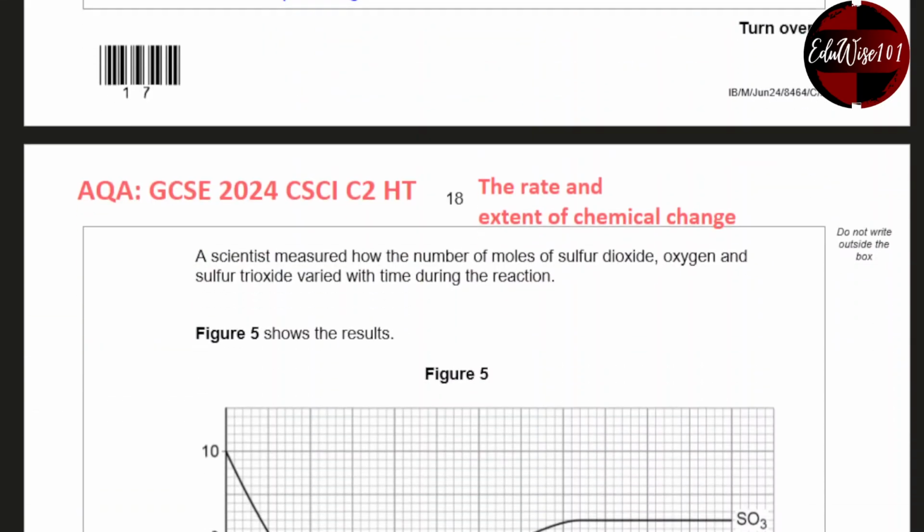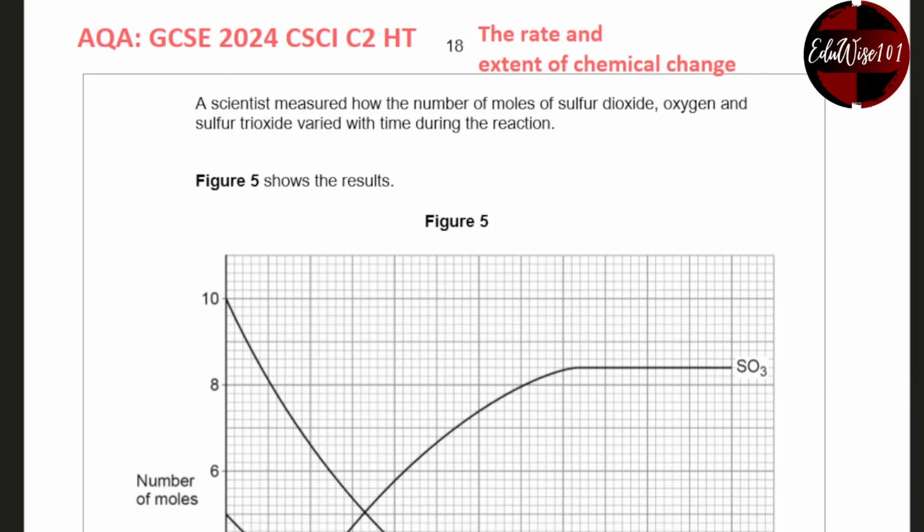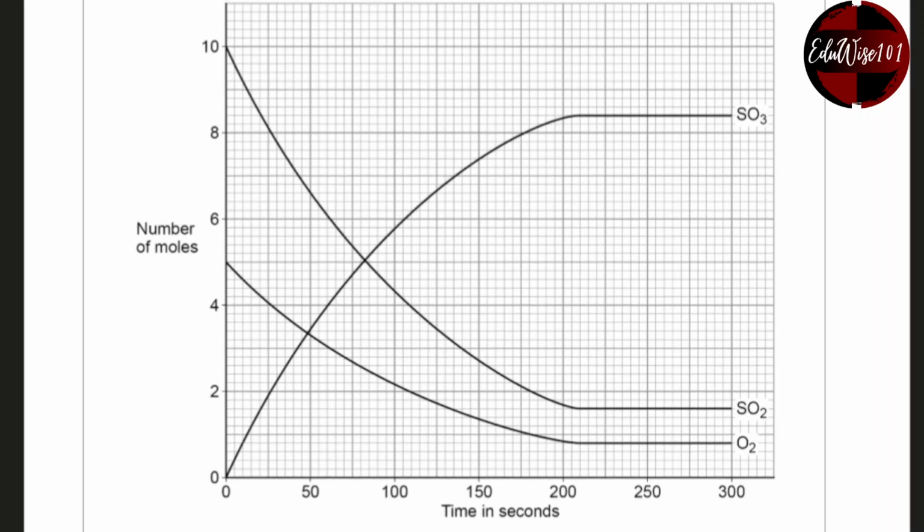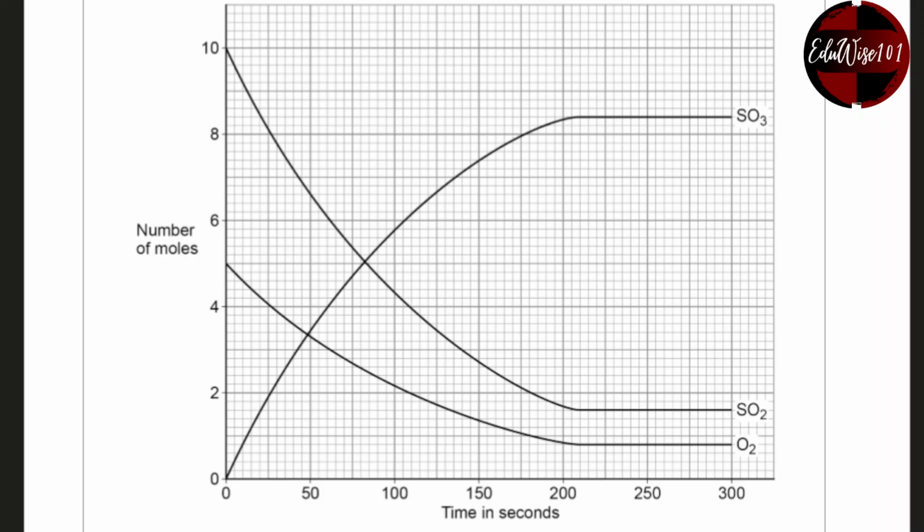Next part. A scientist measured how the number of moles of sulfur dioxide, oxygen, and sulfur trioxide varied with time during the reaction. According to the graph, the time in seconds goes up to 300 seconds, and this is your reactants, which is SO2, and that's the reactant.